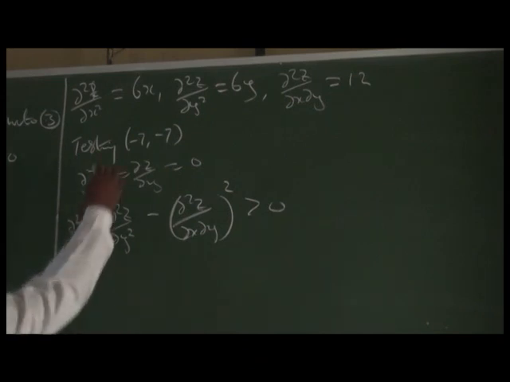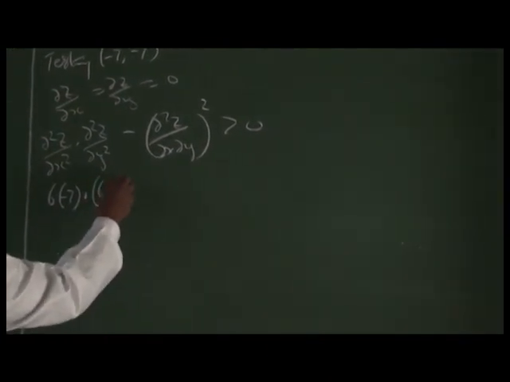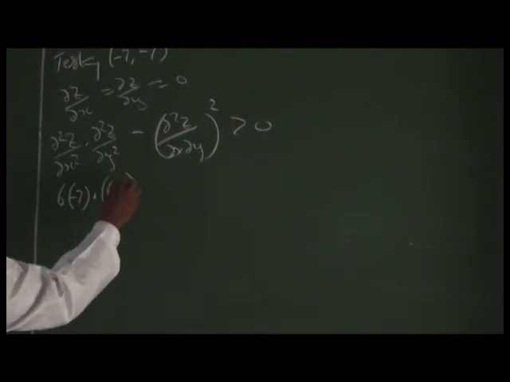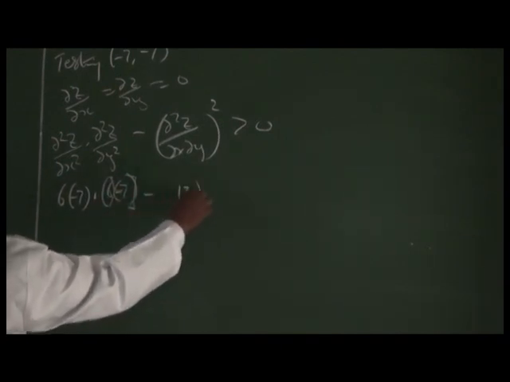This one, we have seen that it is 6x, and x here is minus 7, times the other one, 6y. So that will give us 6 times minus 7, times 6 times minus 7, minus 12 squared.